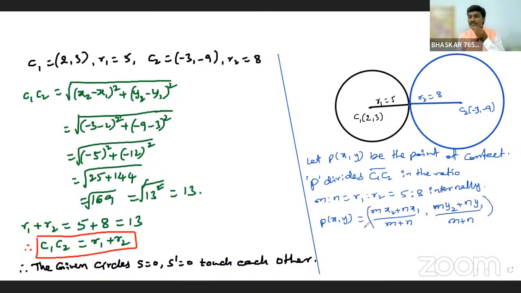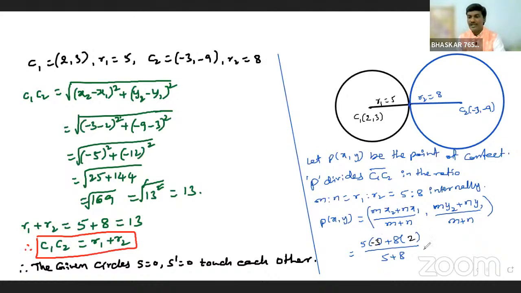Now if you substitute the values in this, m is nothing but 5 into x2 plus 8 into x1 divided by 5 plus 8. What are the x2, x1 values? -3 and 2. This is x2 and this is x1. I am substituting here -3 and plus 2.